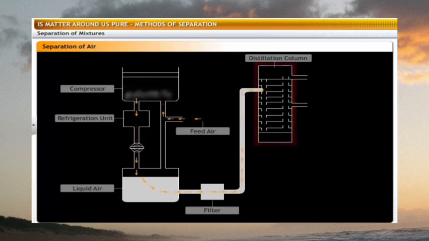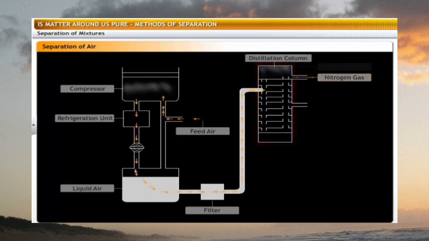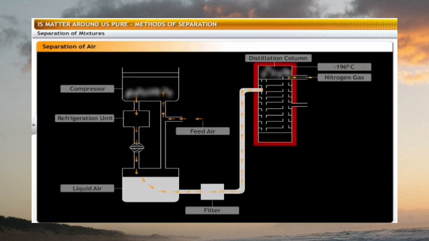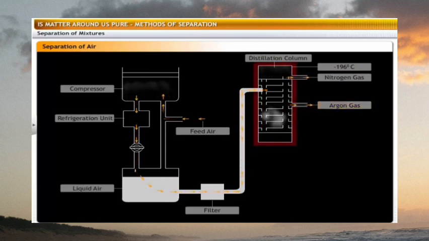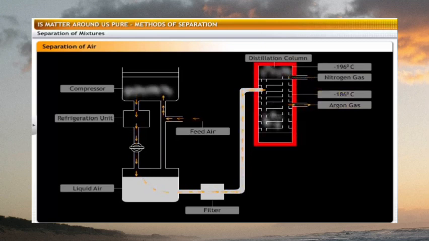On warming, liquid nitrogen boils off first to form nitrogen gas, as it has the lowest boiling point of -196 degrees centigrade. This nitrogen gas collects at the top of the fractional distillation column. Liquid argon has a slightly higher boiling point of -186 degrees centigrade, so it boils next.